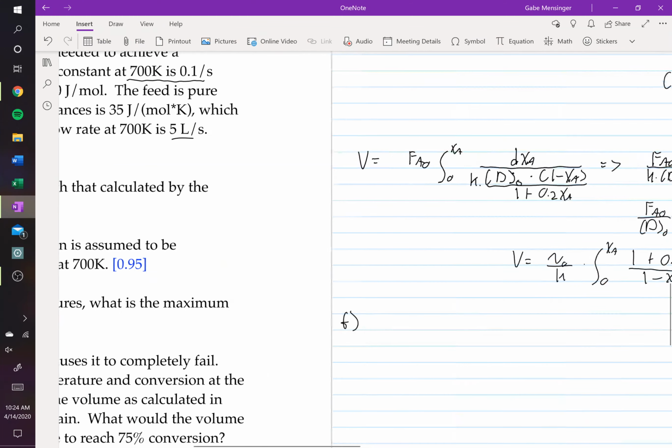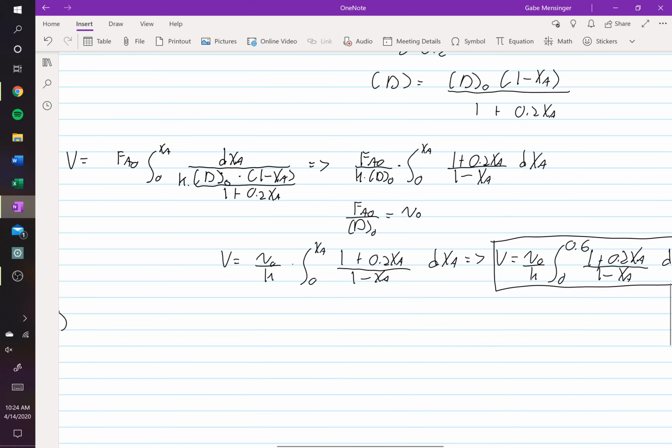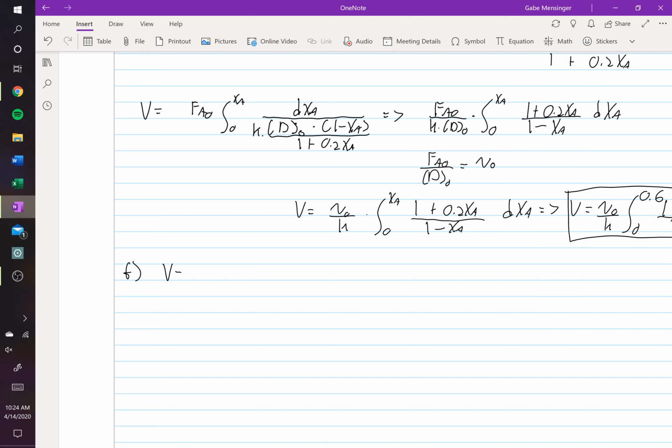Compared with the segregation model, if we go back to the final design equation that we obtained, we can see that it is independent of temperature. I mean, not temperature, sorry, concentration, which is true for a first order reaction.